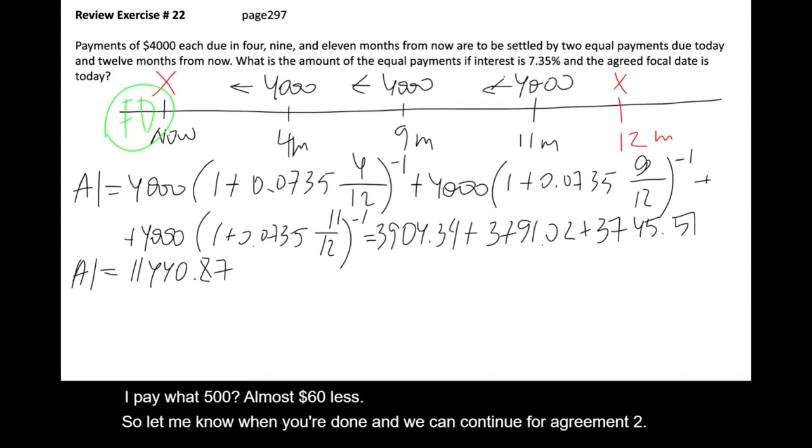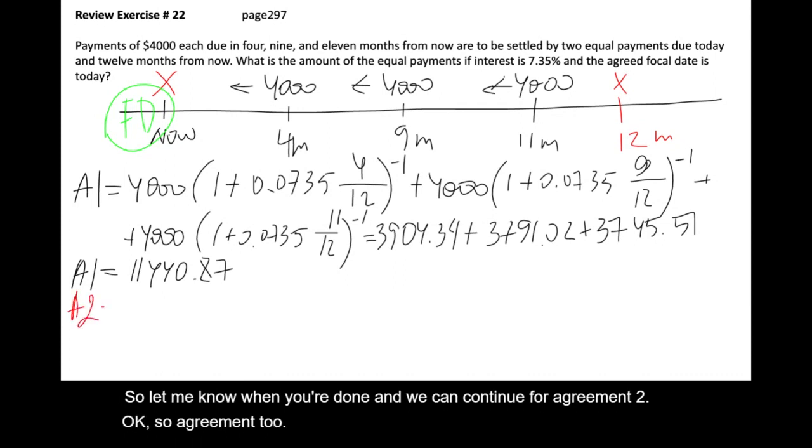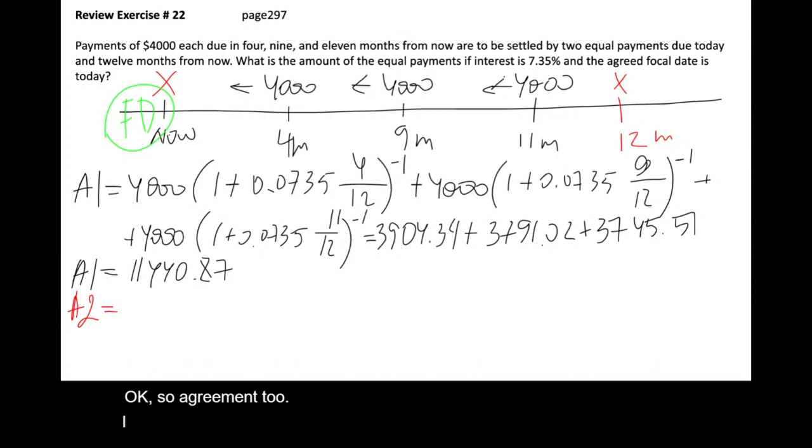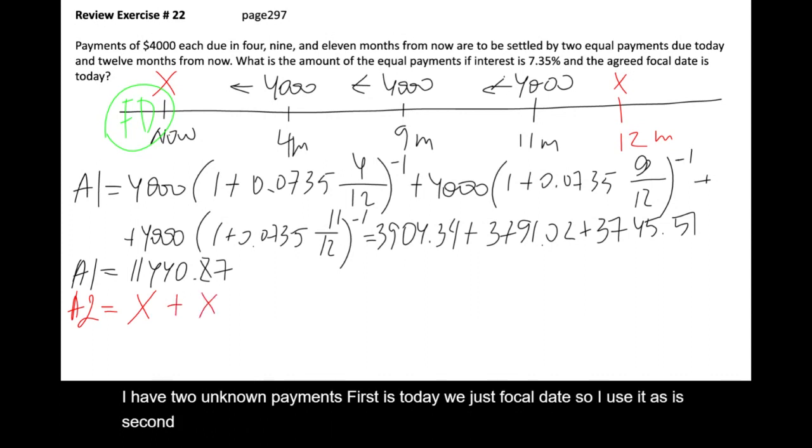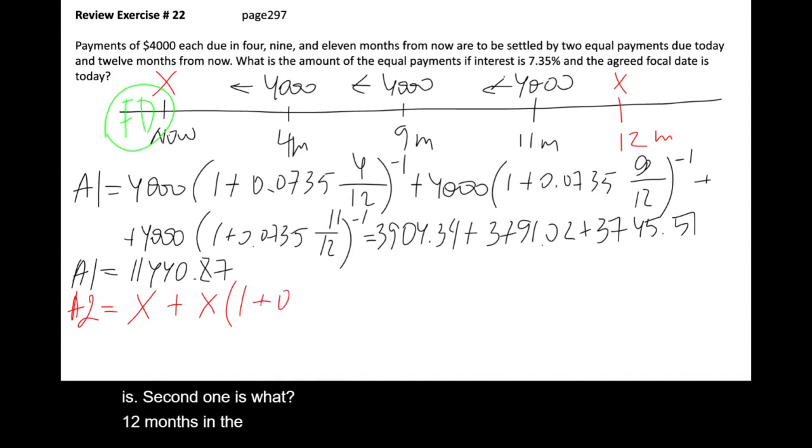Okay, so agreement 2. I have two unknown payments. The first is today, which is the focal date, so I use it as is. The second one is 12 months in the future, so I have to take it back in time.